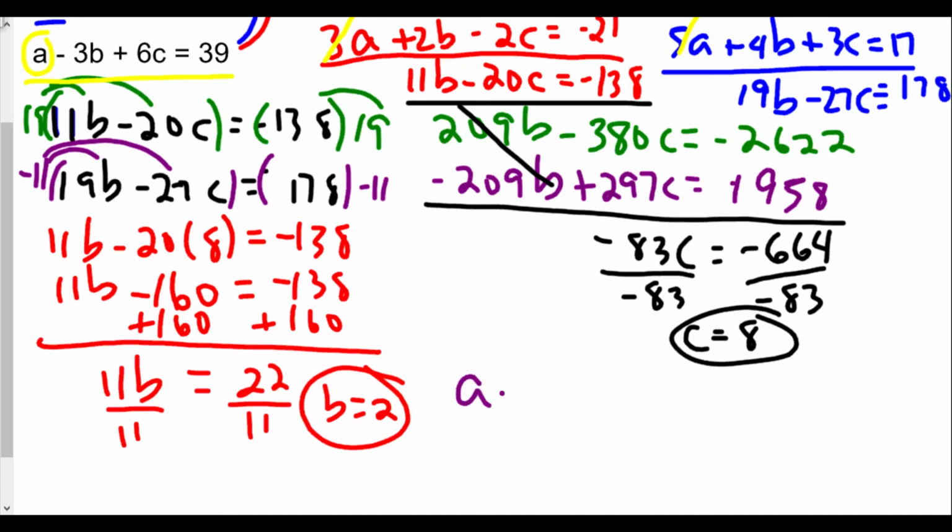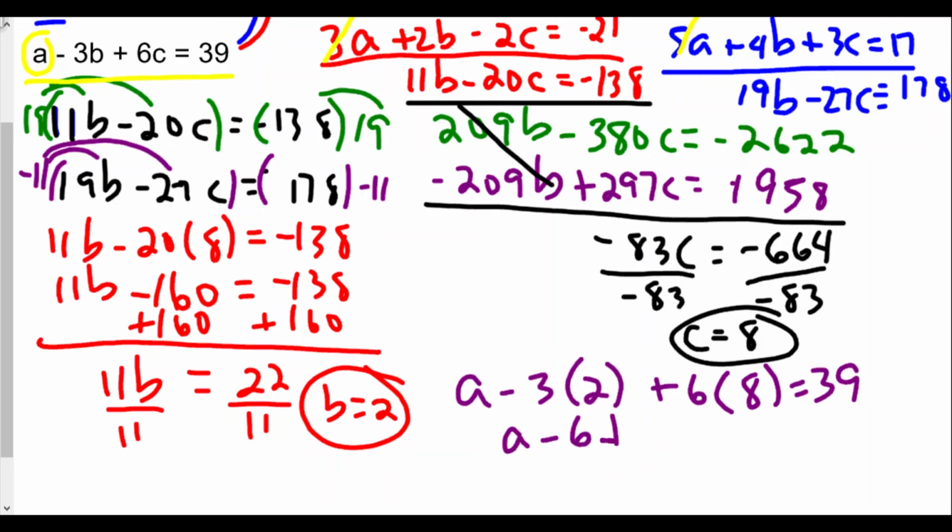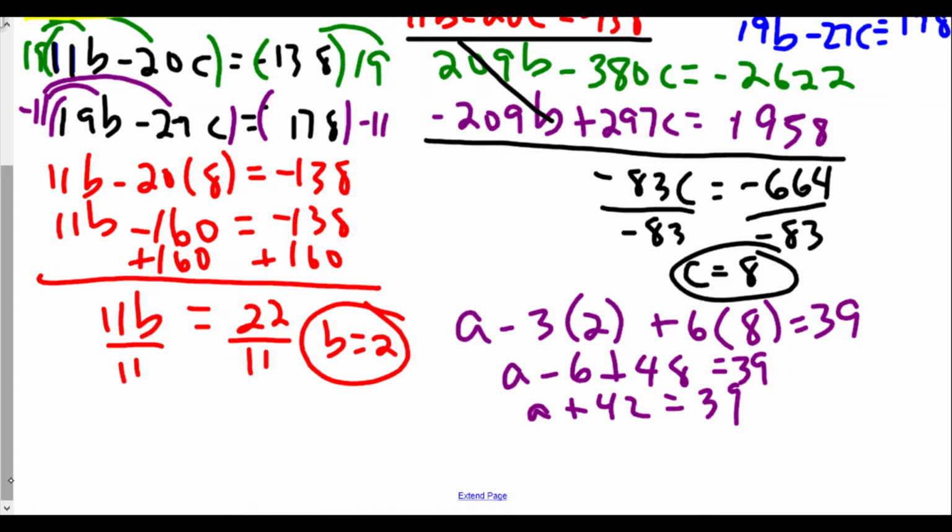We have a minus 3 times b, which we found to be 2, plus 6 times c, which we found to be 8, should equal 39. And so now we have a minus 6 plus 48 equals 39. a plus 42 equals 39. We're going to subtract 42 from both sides. And we get a is equal to negative 3.